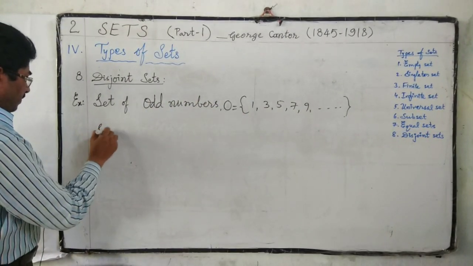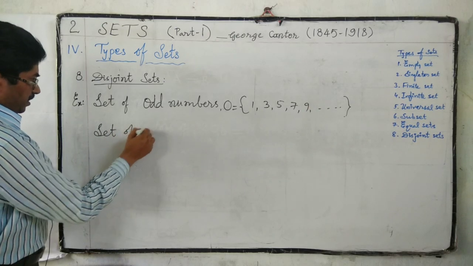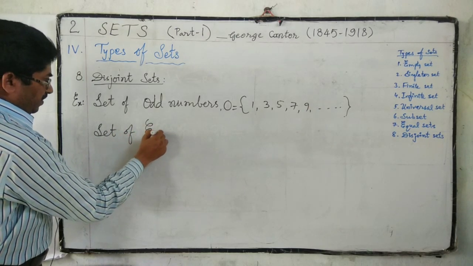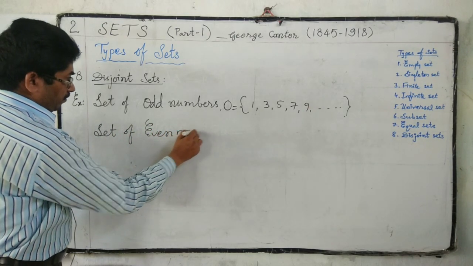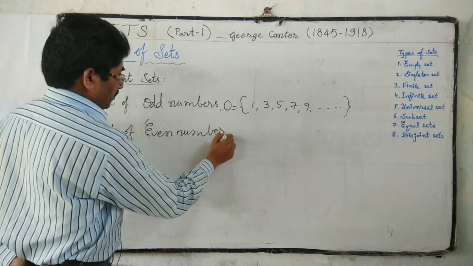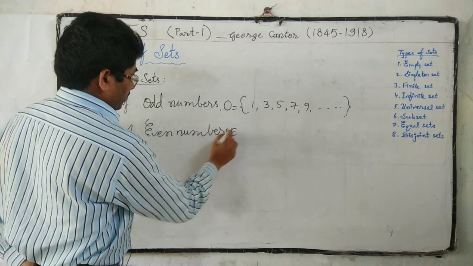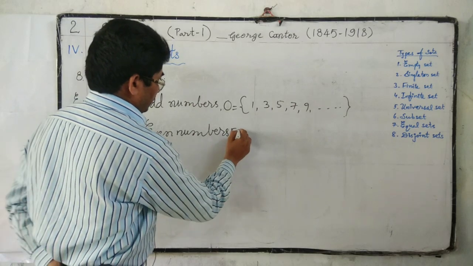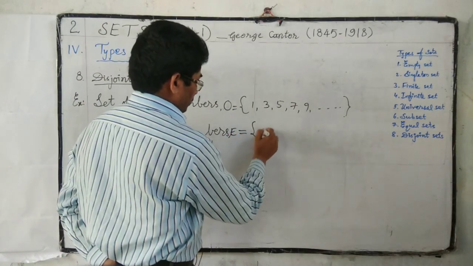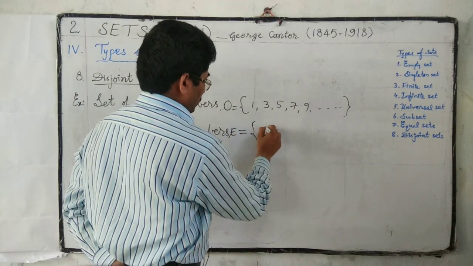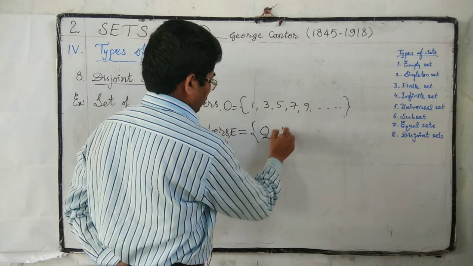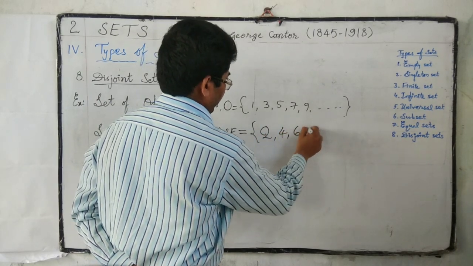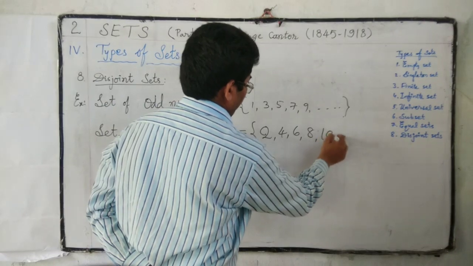Next, set of even numbers E is equal to set of 2, 4, 6, 8, 10 and so on.